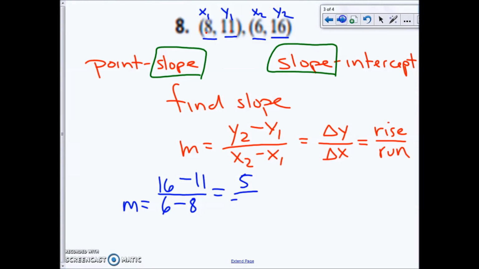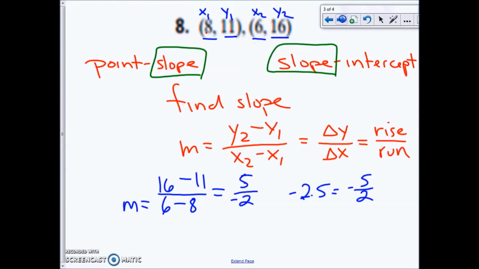That'll give me 5 over negative 2. 5 divided by negative 2 is negative 2.5. You can write it like that, or you can say that that's the same as negative 5 over 2. The whole thing's negative. A positive divided by a negative gives me a negative.